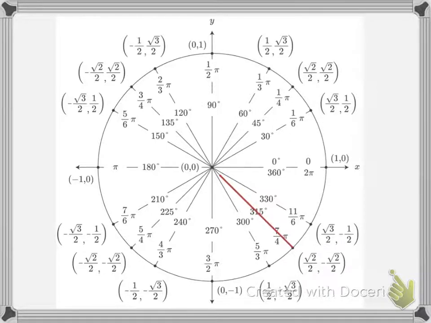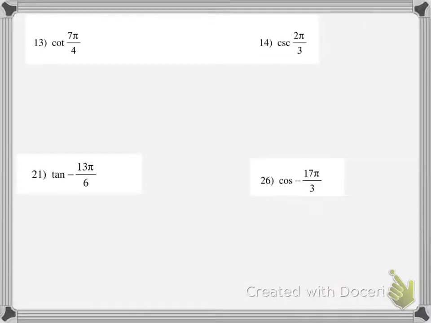Okay, 4th quadrant. Now, what does that mean? They're telling us to find, what was it? Cotangent of 7 pi over 4. So we actually are going to need both of them because it's a cotangent problem. Cotangent of 7 pi over 4 is still going to be equal to, instead of y over x, it's going to be x over y.